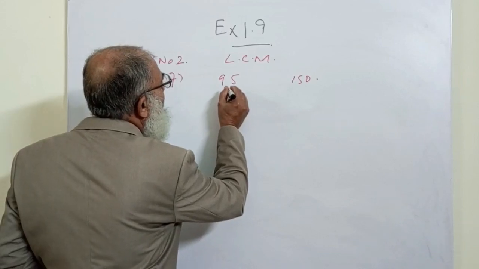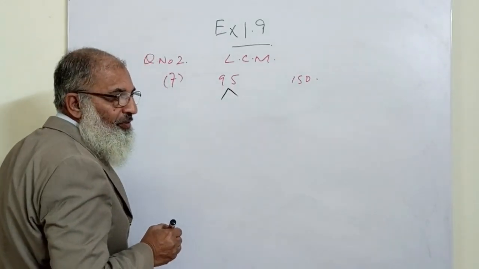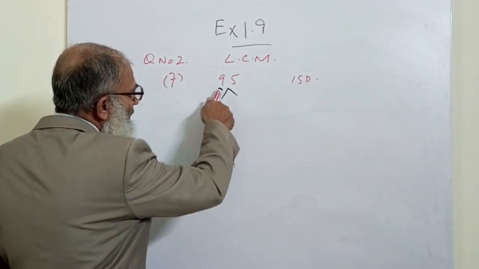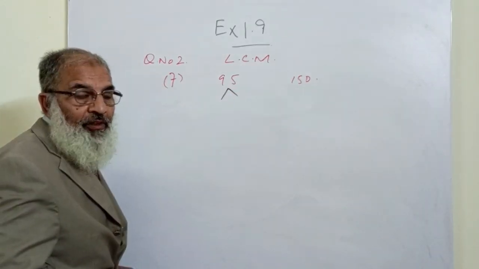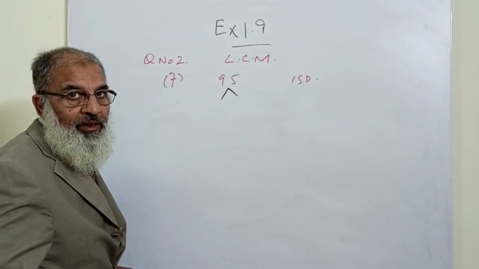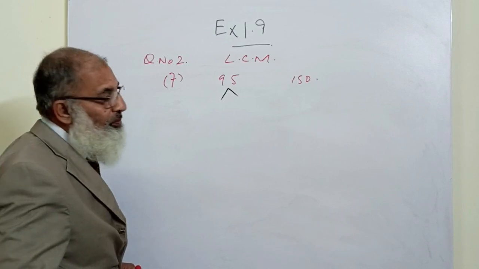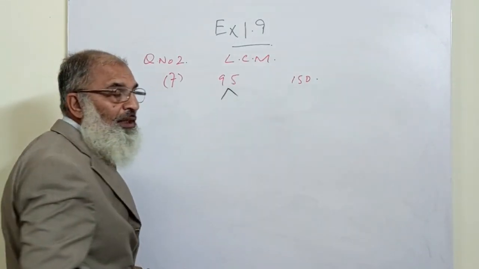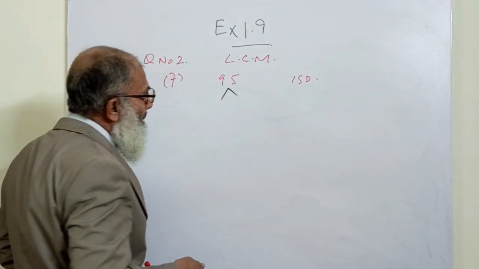But I am going to do it just for the sake of convenience. Now check whether or not it is divisible by 3. No, it is not divisible by 3 because it comes as 14.